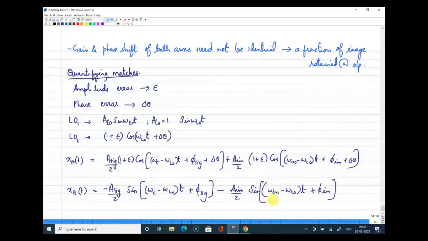That is the sine component at B, and xc will be directly operating on xa of t with another phase shift, so that will be equal to A signal by 2.